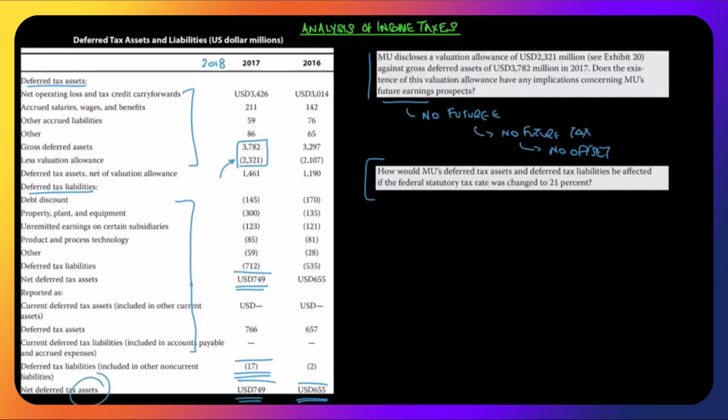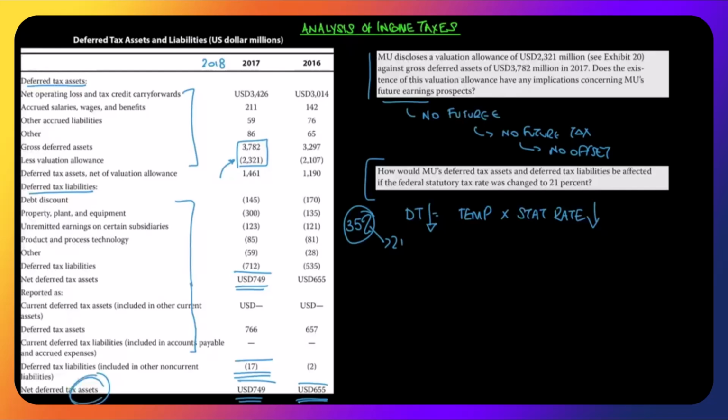Remember, when you change your statutory tax rate, your deferred tax position is your temporary differences multiplied by the statutory rate. We saw from the previous disclosures, the statutory rate was 35%. If it's going down to 21, there's a decrease in your deferred tax position.